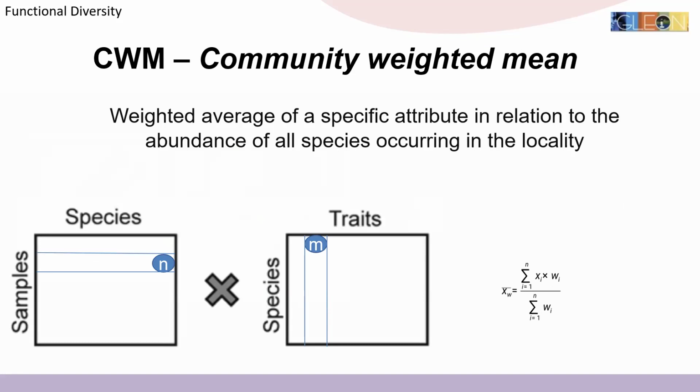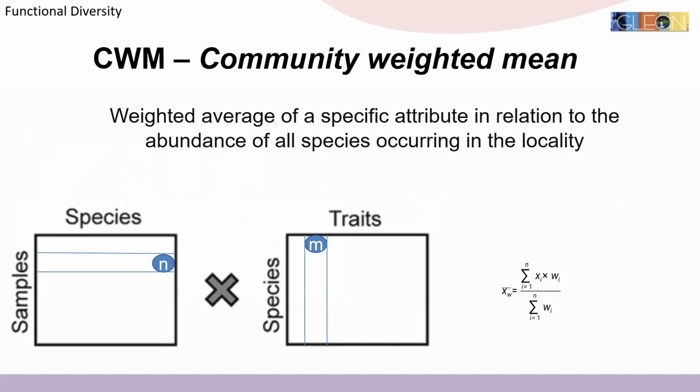Another index that is highly used as well is the CWM, the community weighted mean. I can say that it's like a summary of how the traits vary inside a sample or inside a community.